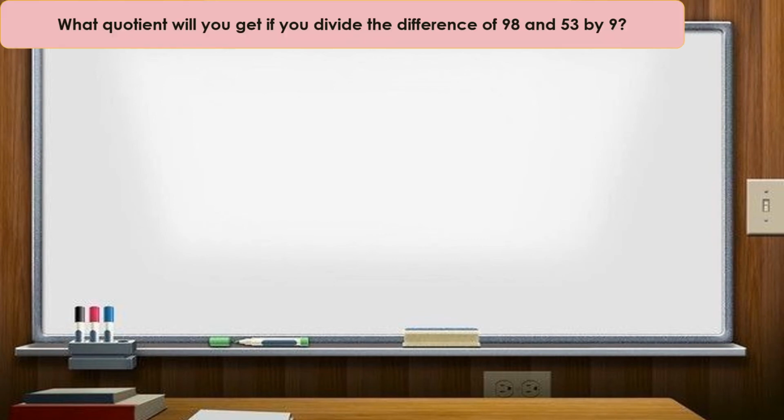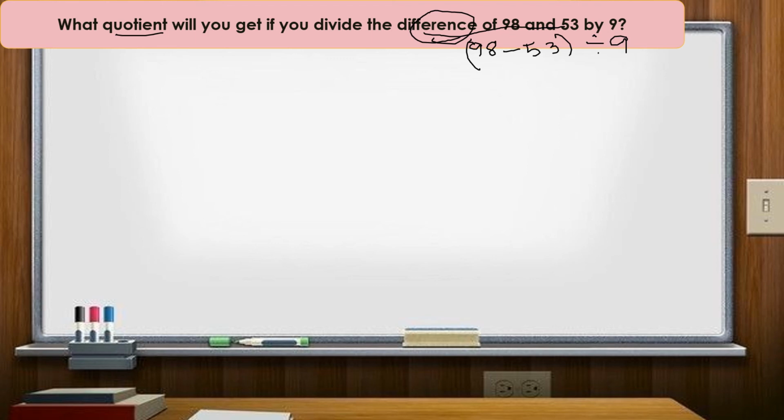Our last: what quotient will you get if you divide the difference of 98 and 53 by 9? When you say difference, that is subtract. Then divided by 9. So again, just like the same, you open and close parenthesis, then divide by 9.